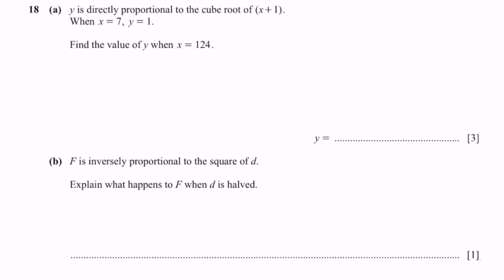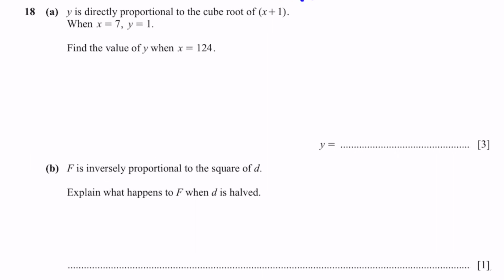Question 18. A. y is directly proportional to the cube root of x plus 1. When x equals 7, y equals 1. Find the value of y when x is 124. So you can write y is directly proportional to the cube root of x plus 1. This is the proportionality symbol.